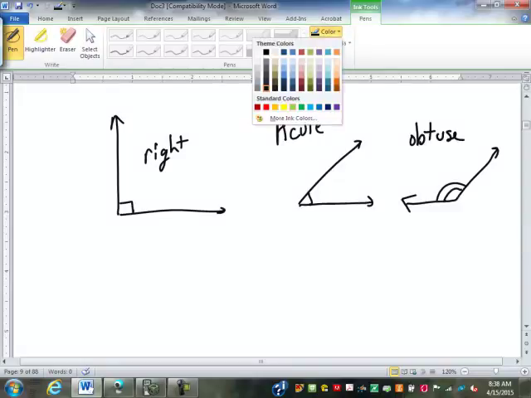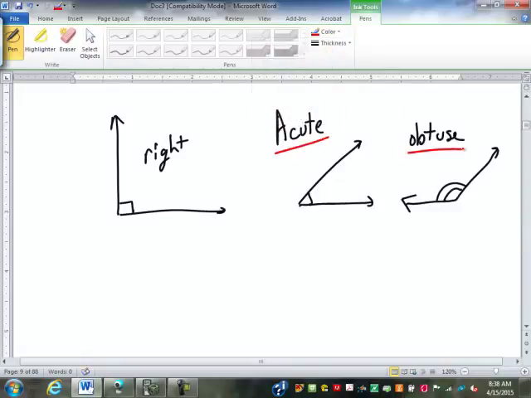Those two terms actually have bigger meanings. You ever heard, if you talk about a psychology class, about an acute thinker? An acute thinker is someone who can get a very narrow focus on things and see the very details of a problem. They think in small, the very narrow angle. An acute angle is very narrow and small. Or an obtuse thinker.